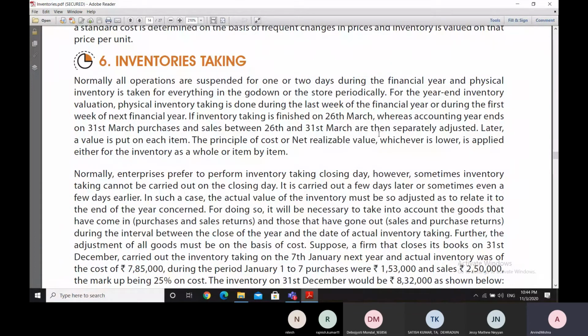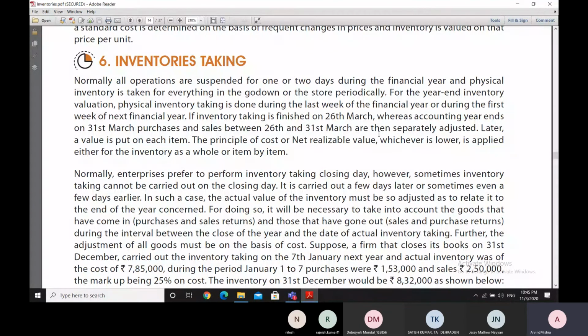Later, a value is put on each item. The principle of cost or net realizable value, whichever is lower, is applied either for the inventory as a whole or item by item. We have to apply the principle of cost or net realizable value.